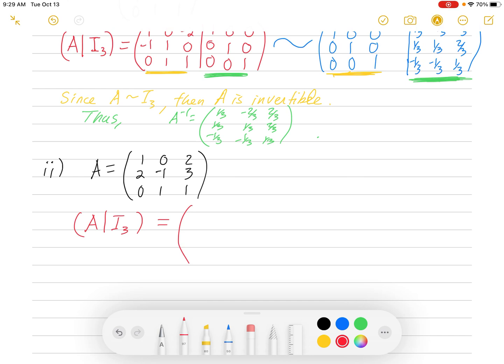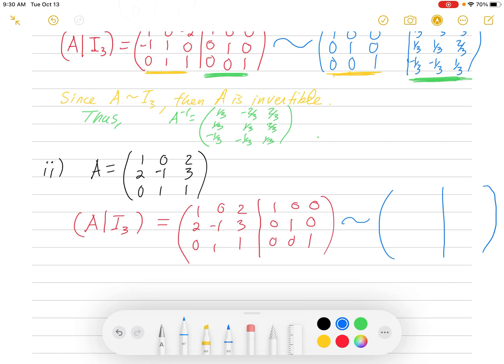So we're going to have 1 2 0, 0 negative 1 1, 2 3 1, and to the side of that the identity I3: 1 0 0, 0 1 0, 0 0 1. We're going to row reduce this. RREF using your calculator.